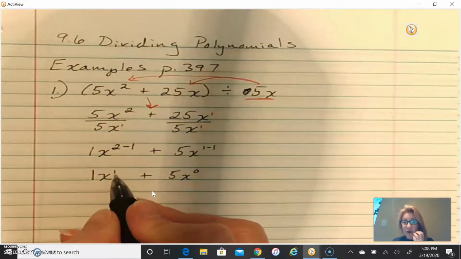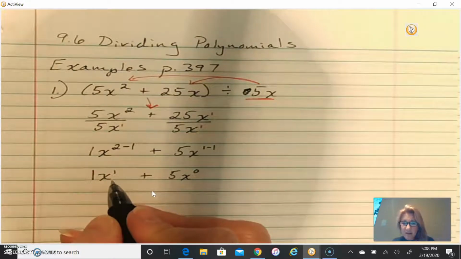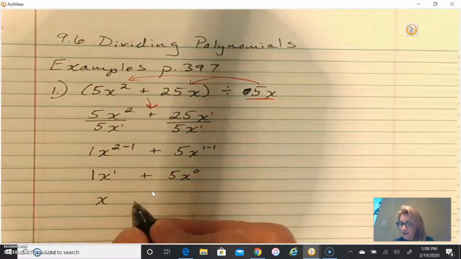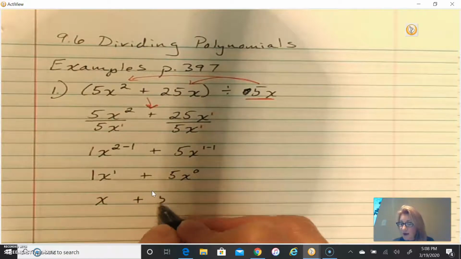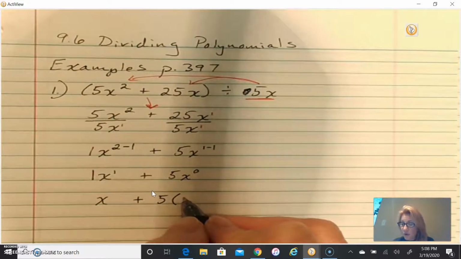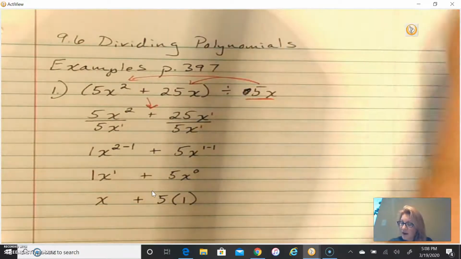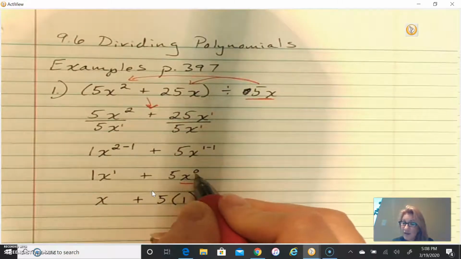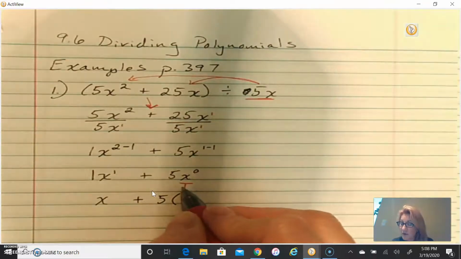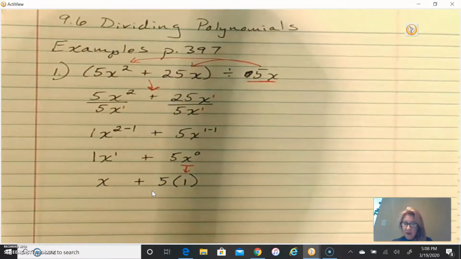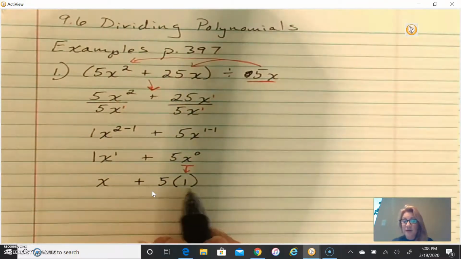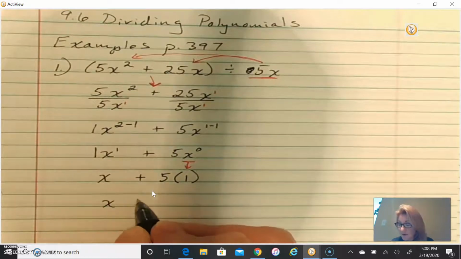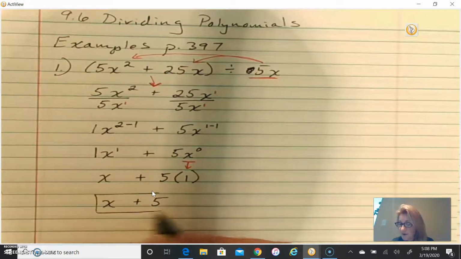Do I need to have this 1 exponent here? Nah, it doesn't matter. You can keep it or you can get rid of it. And this is going to be 5 times 1, because anything with an exponent of 0 becomes the number 1. So, what is 5 times 1? That's 5. So your answer is x plus 5. There you go.